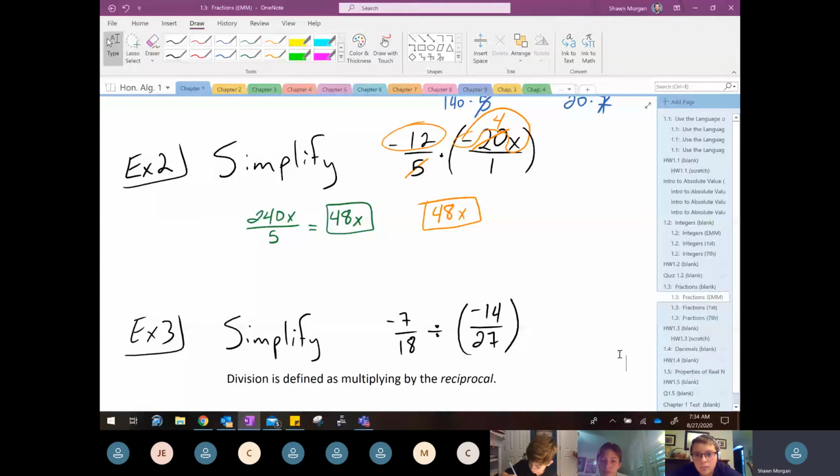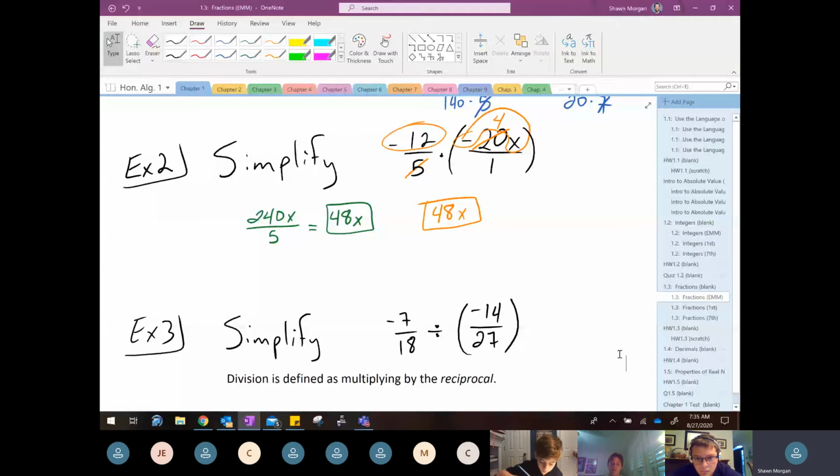Let's see here. Division is defined by multiplying by the reciprocal. Somebody can tell me what the heck reciprocal means? I bet Jack can tell me. Candiata, what do you think reciprocal is? That's a vocab word right there, isn't it? Take a guess. It's okay if you don't know. Very good. If you didn't hear him, he said it means to flip.